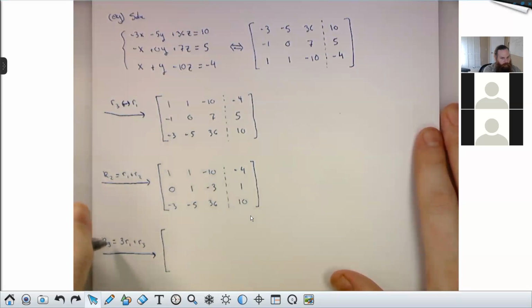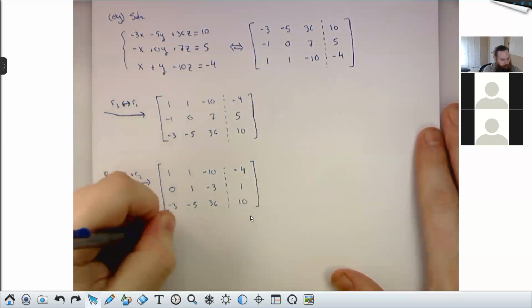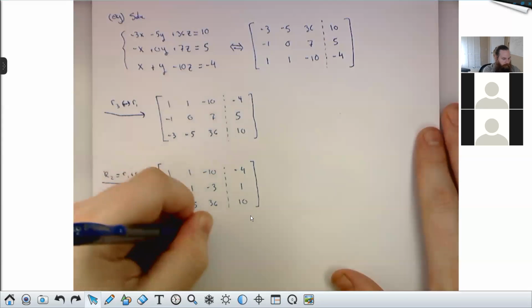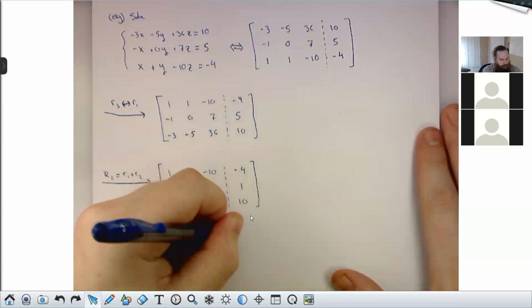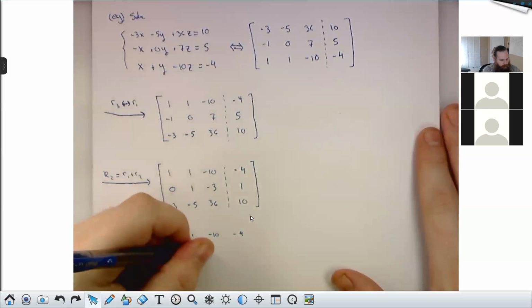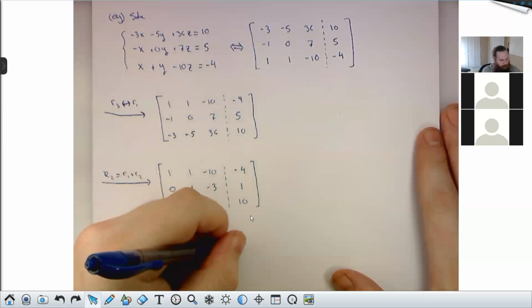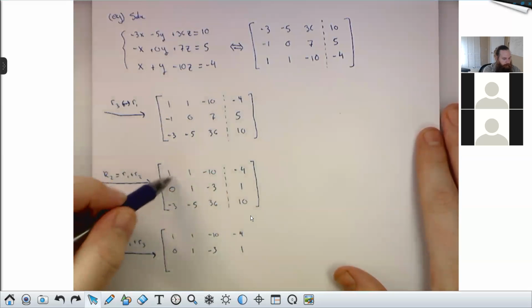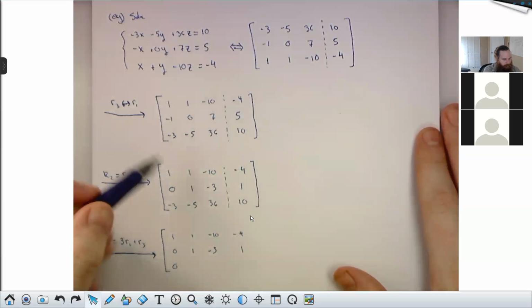It's row 3 that's changing, so I copy the other two down first. 1, 1, -10, -4, 0, 1, -3, 1. And now I multiply this by 3 and add it to this. That will give me a 0 here.